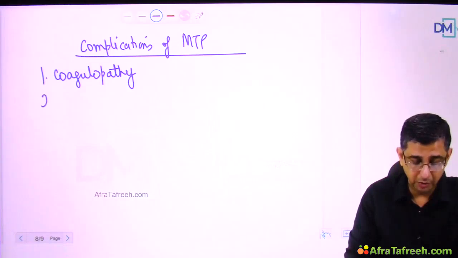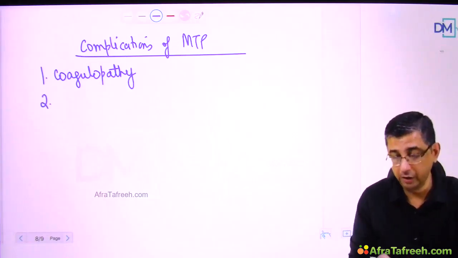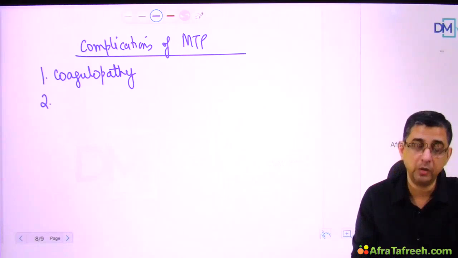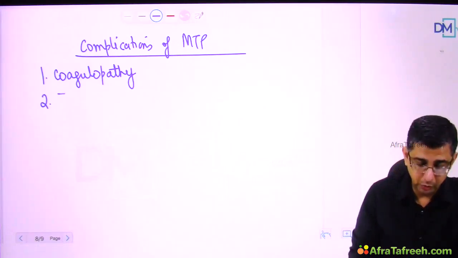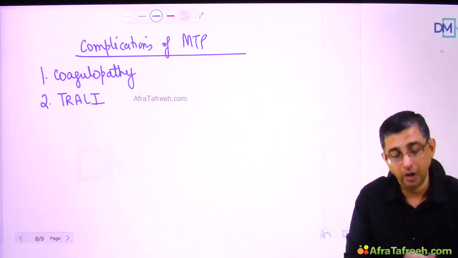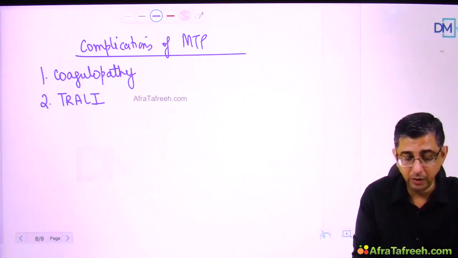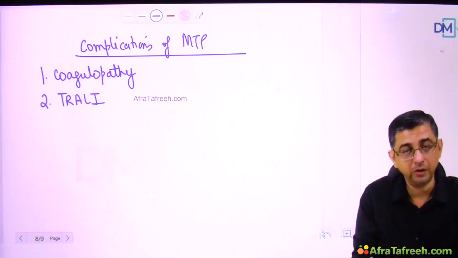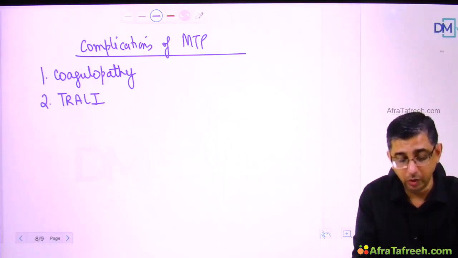We are giving packed RBCs to treat the acidosis component. So whatever derangements are contributing to bleeding, we are trying to address them. So in older books, you will notice that coagulopathy is one of the biggest complications of MTP, but now the concept is that coagulopathy is the trigger for MTP. Coagulopathy contributes to massive transfusion protocol being initiated.